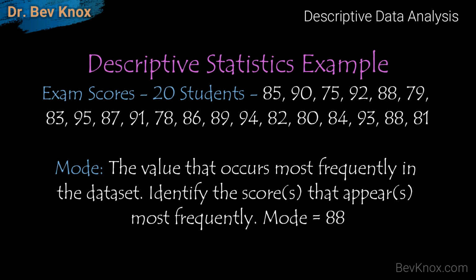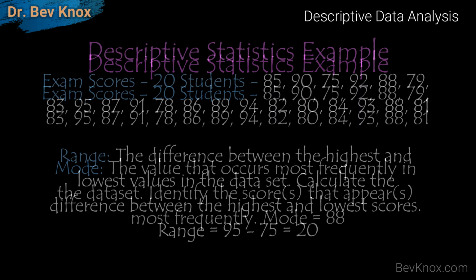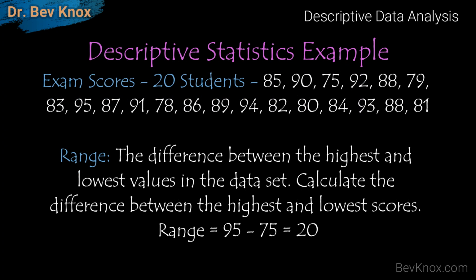Moving on to the mode. It is the value that occurs most frequently in the data set. So identify the score or scores that appear most frequently. And if you take a look right here, you will see that the mode is what? 88. Let's move on to the range.